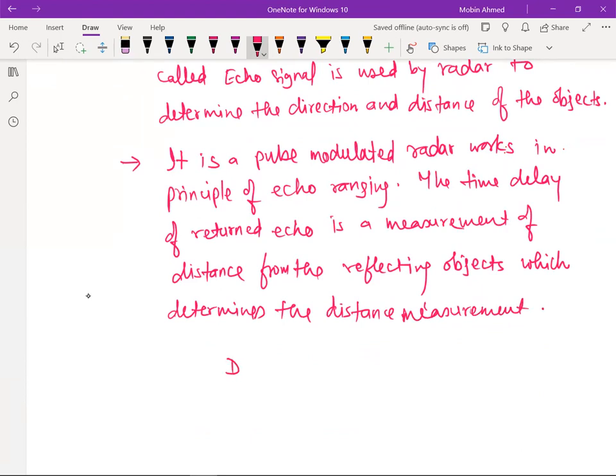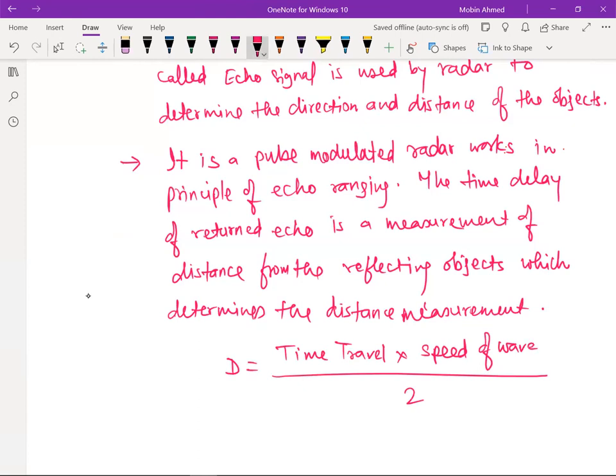So distance is going to be time travel into speed of wave divided by 2. So speed of wave, we know how much it is, 3 into 10 to power 8 meter per second.